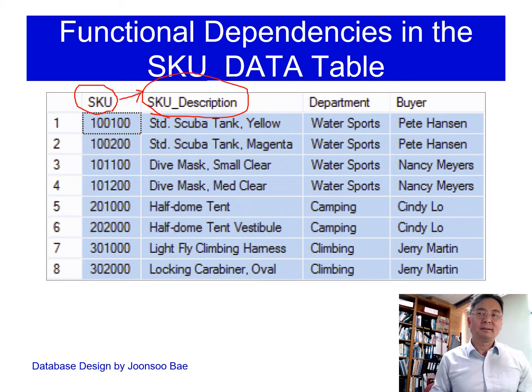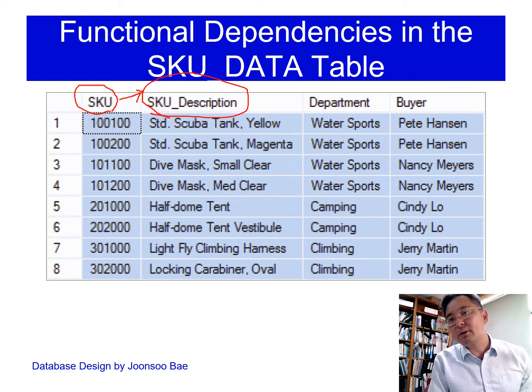You must decide it. If you see this one, 100, 100, there is no duplicate, and every data in SKU is distinct, no duplicate. And SKU description also has no duplicate, but department has duplicated data: water sports, camping, climbing.